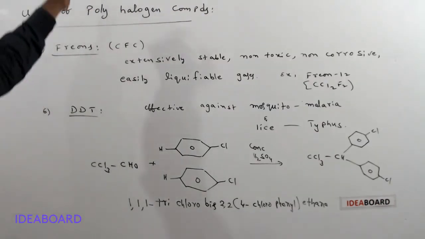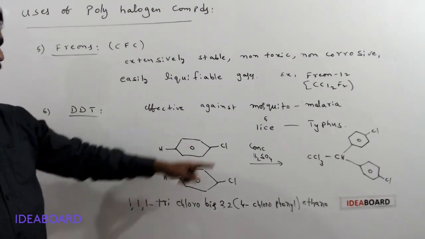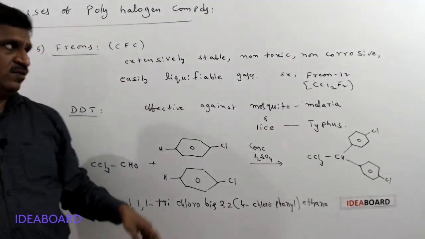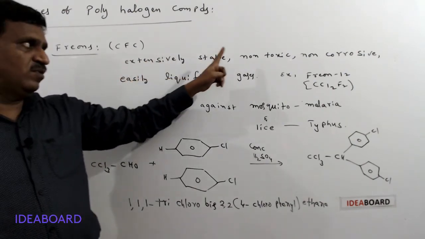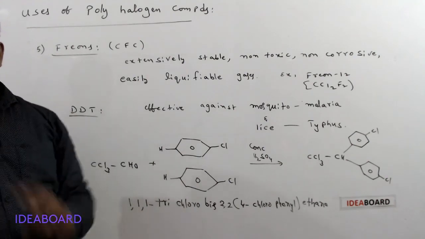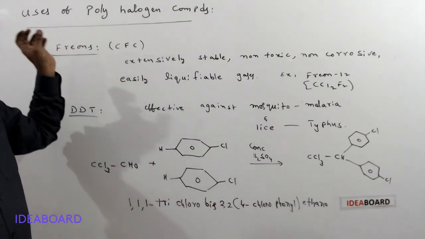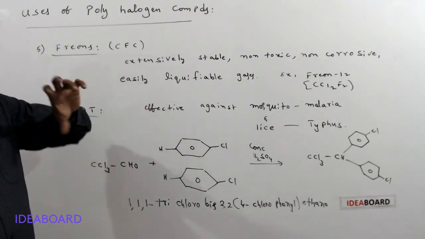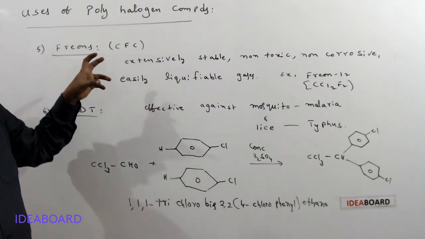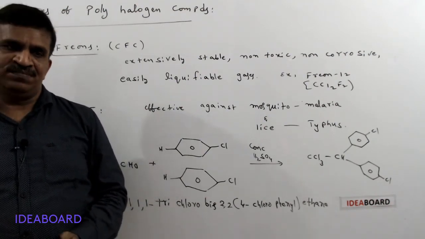The next one is freons. Freons, we know, are chlorofluorocarbons. The important freon is freon 12, that is CCl2F2. They are extremely stable, non-toxic, non-corrosive, and easily liquefiable gases. In the beginning days of the freon industry, they thought they were a boon to the industry.